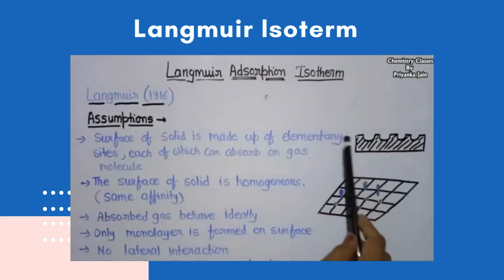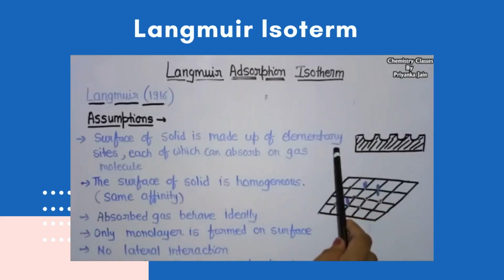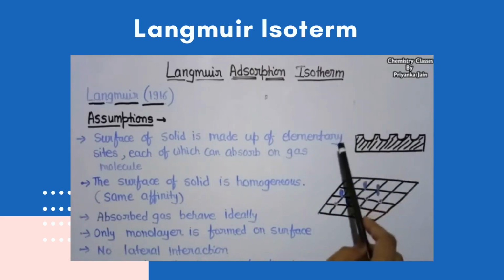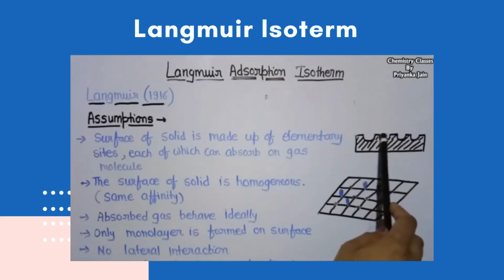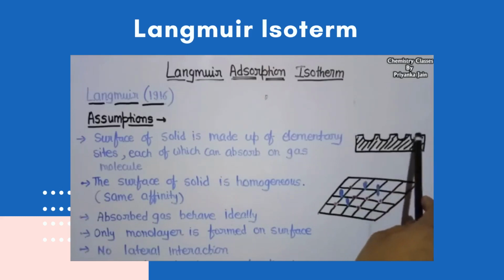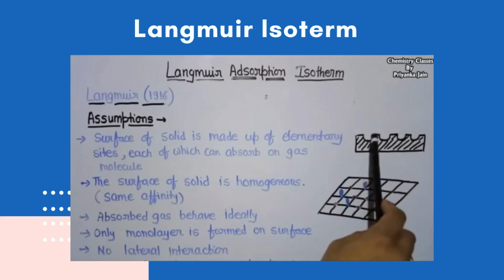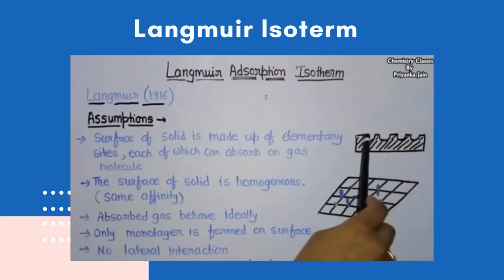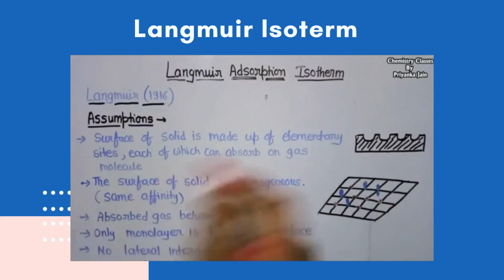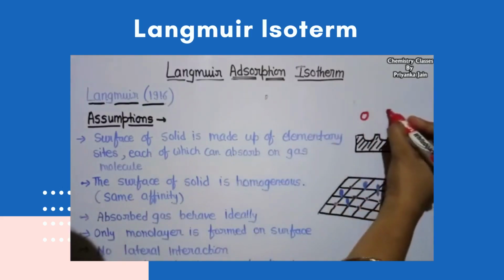Suppose I have made a general diagram for your convenience. In this diagram you can see this is any solid surface, and on this surface there are certain sites. These are the sites that are present on the solid surface, and on these sites the gas molecules can be adsorbed. Suppose this is the gas that is present.